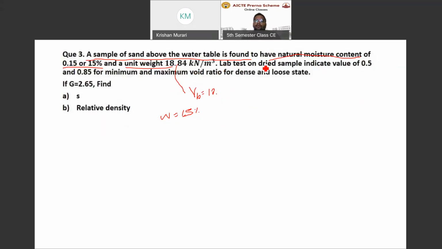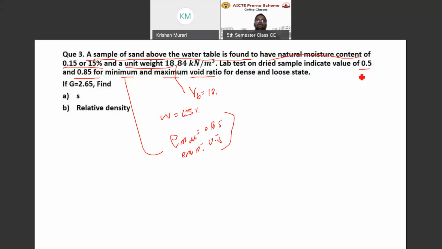Next, a lab test on a dried sample indicates values of 0.5 and 0.85 for minimum and maximum void ratios. Here he gave e max, that is 0.85, and e minimum. What is e minimum? e minimum is 0.5. These two values are also given to you for dense and loose state.